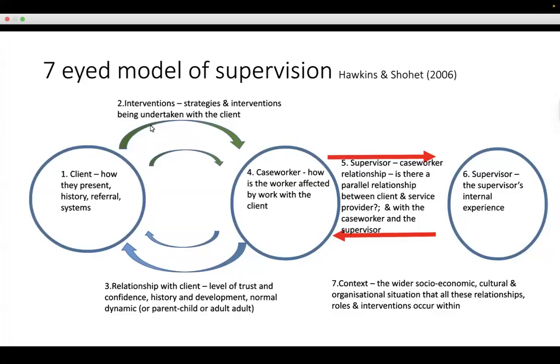So the second element, or the second mode under this model, is the intervention you are implementing to help that client. So this is really about considering the strategies or the interventions that you as a social worker are undertaking with that client. So it's also the opportunity for you to reflect on your work with that client.